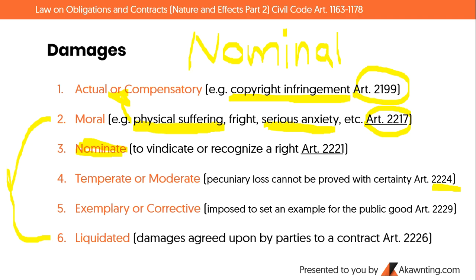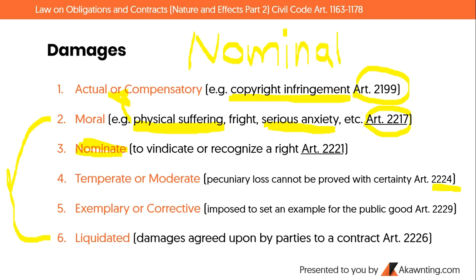Okay, so number 5, exemplary or corrective damages. So, usually imposed to set an example for the public good. So, mag-start siya sa Article 2229. So, for example, usually, very common ito when it comes to yung mga mga criminal cases.